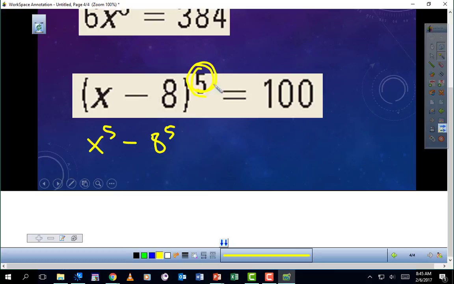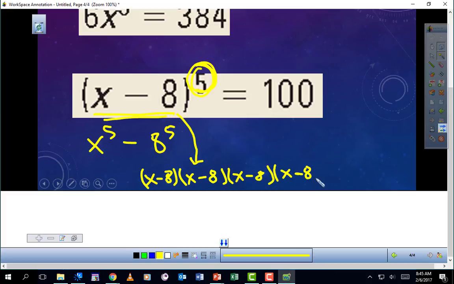You know what that 5 is telling you? It's telling you how many times this thing is multiplied by itself. Okay, so what it's telling you is that, oh, well, this is x minus 8 times x minus 8 times x minus 8 times x minus 8 times x minus 8.